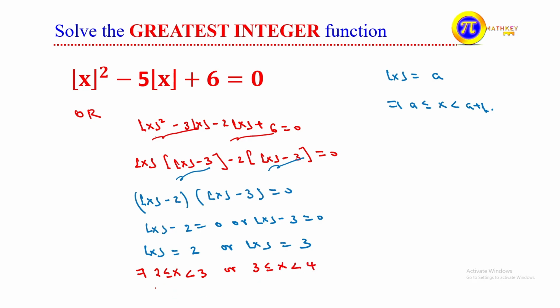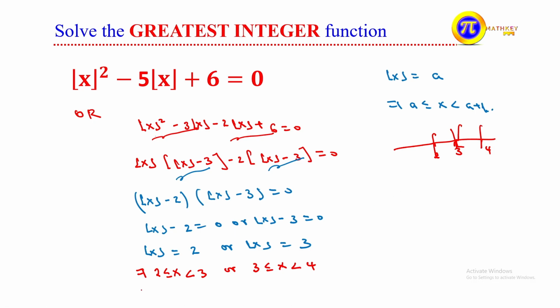እዚህ ጋር observe ስናደርግ, what is common for this? እዚህ ጋር you have, let's take here is 2, here is 3, here we have 4. The first one is 2 to 3 open interval, this one. The second one is 3 including 3 to 4 open interval. What's the union?